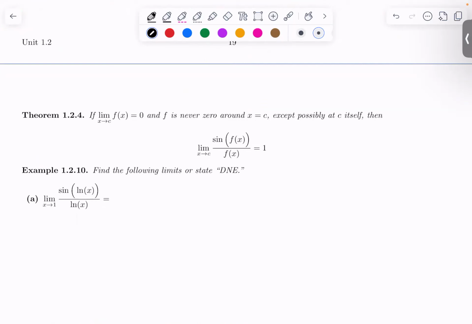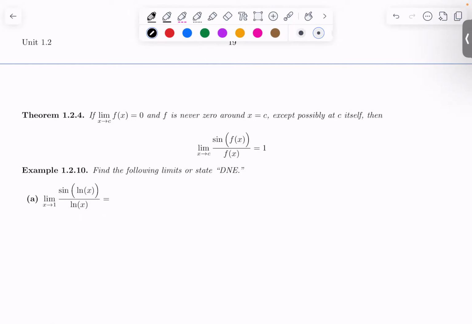So there is a generalization of that special limit. It says, suppose that the limit as x approaches c of f of x is equal to 0, and it's never 0 around c. That's kind of a little extra stipulation, but we never really have to worry about that in this class. That's mainly for math majors to deal with in formal math courses. Then the limit as x approaches c of sine of f of x over f of x is equal to 1.